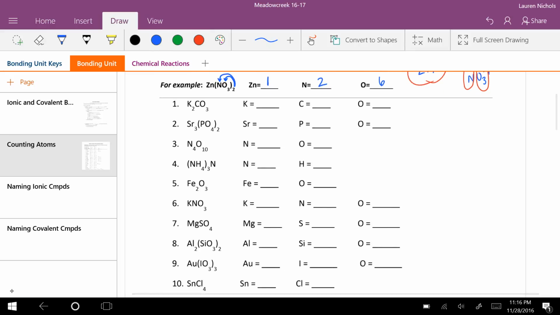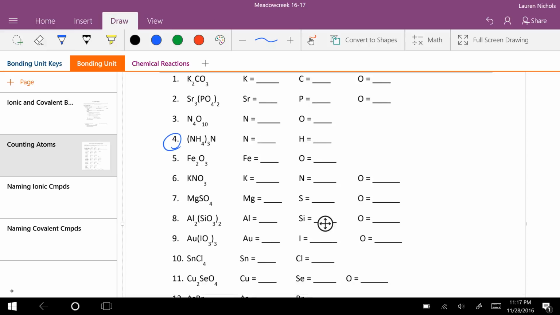Okay, so if we do a few more examples, for example, number 4. Number 4 here is a little trickier than the last one. We have nitrogen in 2 places, so we have to remember to add them together. So 3 times 1 will give me 3 nitrogens here.